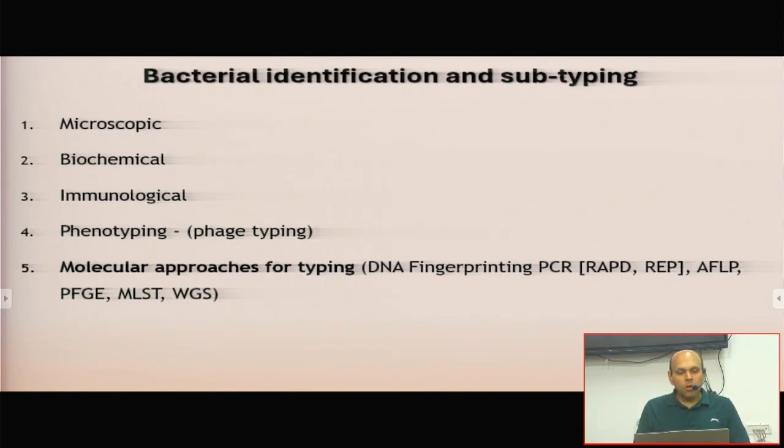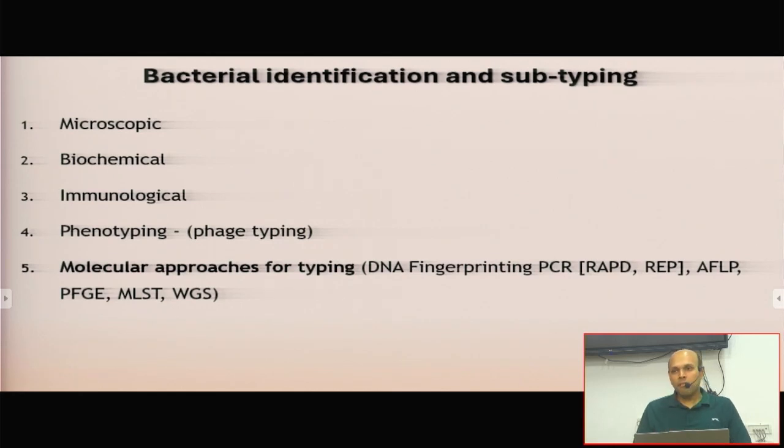So, we all know about bacterial identification and subtyping, and we all know there are various ways of identifying all sorts of pathogenic bacteria or microbes. The number one way is obviously using microscopy, which is doing your gram staining and other procedures.